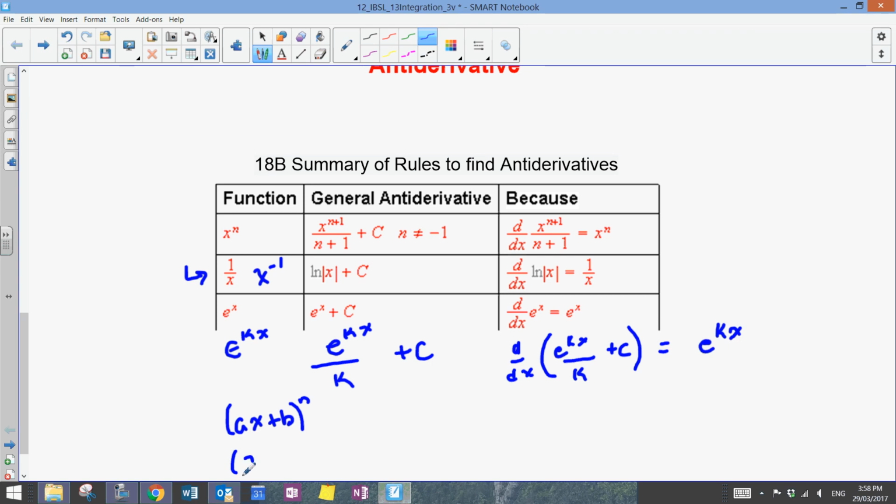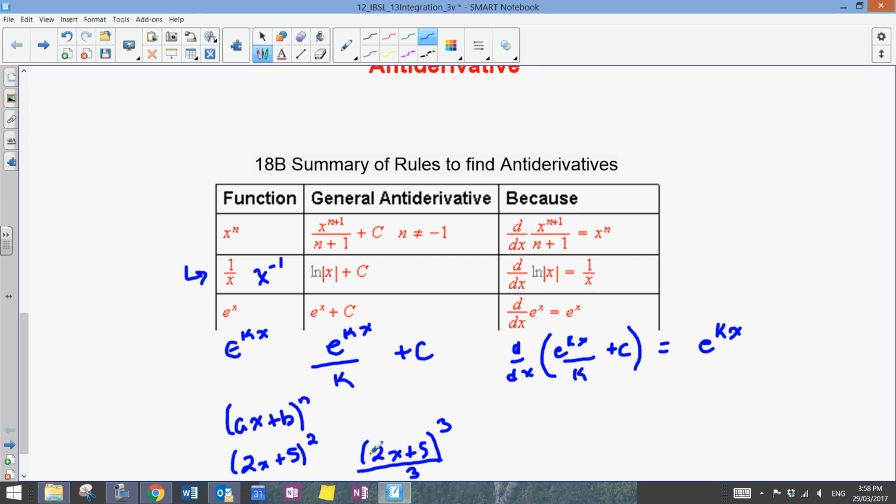Let's say this is 2x plus 5 raised to the 2nd power, okay? If I think about what happens when I take the derivative of this, I would normally do the same thing that I do with a polynomial, but I'd have to multiply by the derivative of the inside function. So I'd have to multiply by that 2. So if I were working backwards, let's say I added 1 to the power, and I divide by that same power.